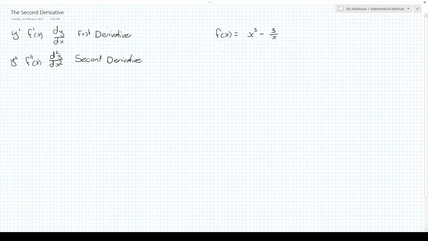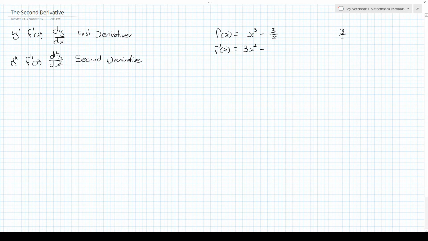Let's use our f of x terminology. So, f dash x is equal to 3x squared, pretty simple, minus, now let's work out our derivative over here, of this one over here.